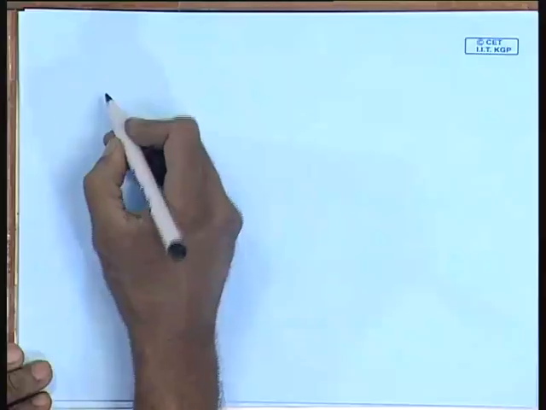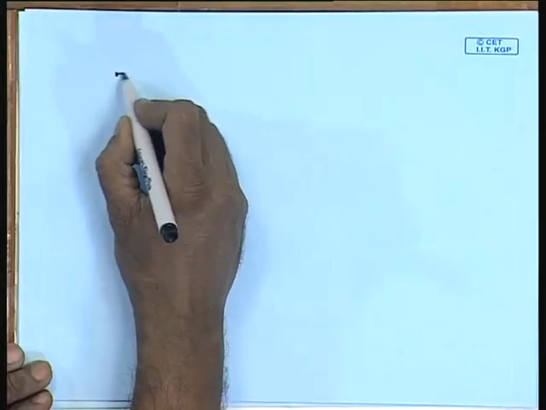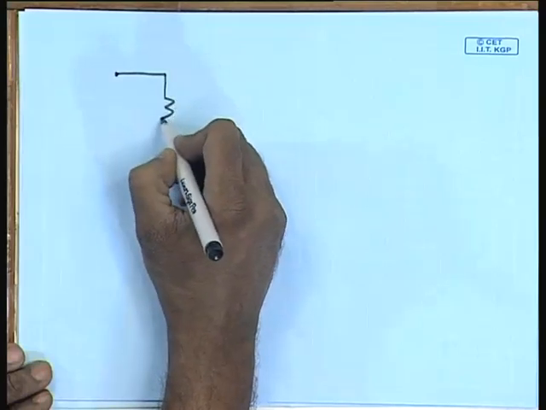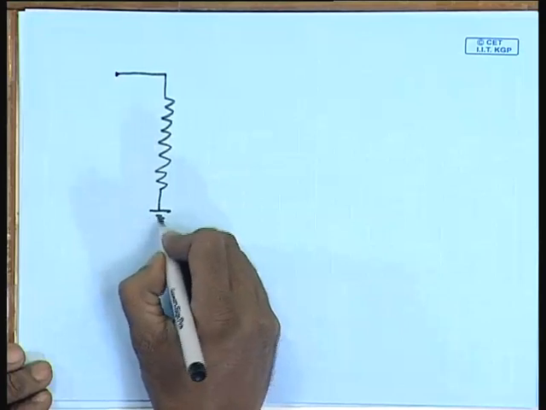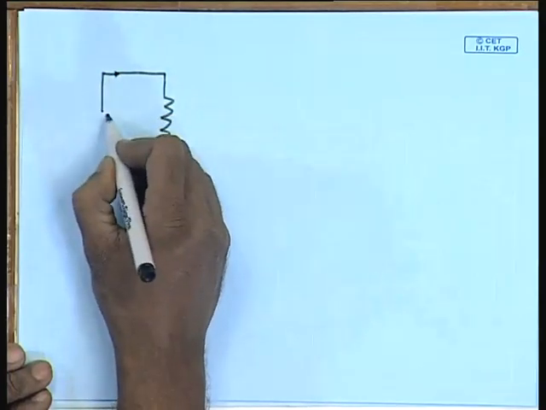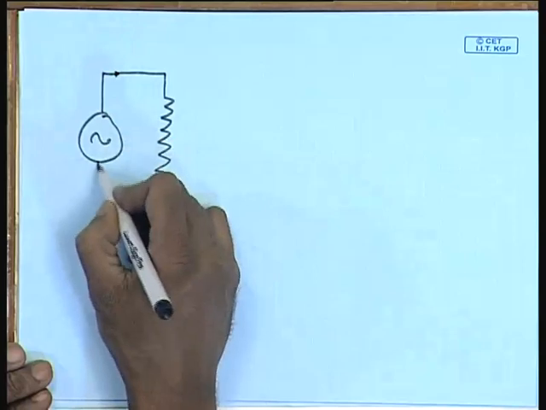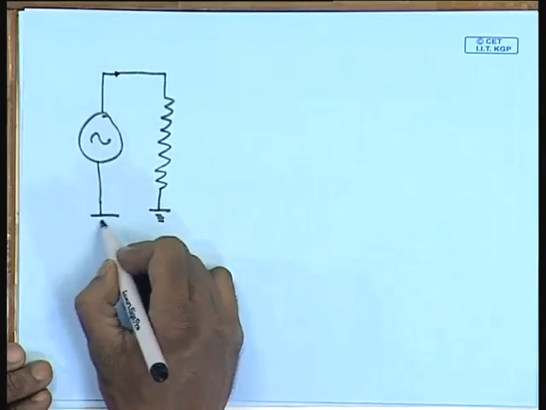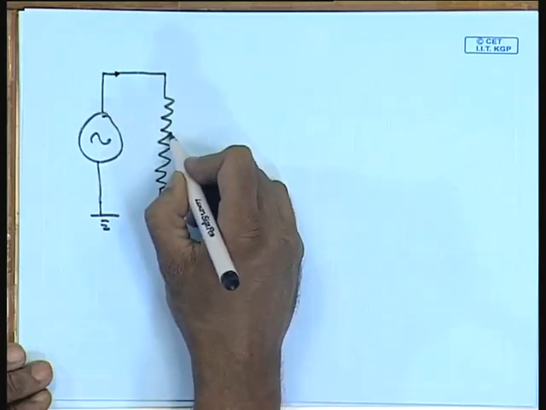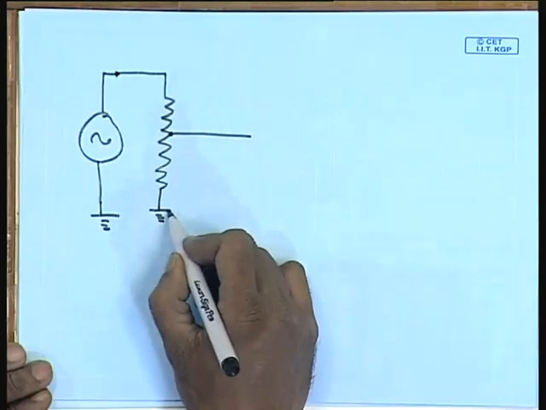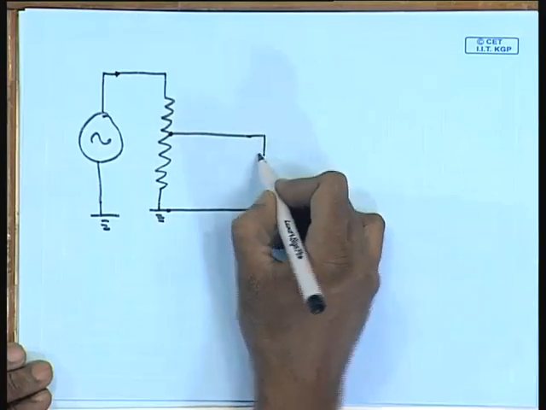That said, now let us see how this voltage transformation can be achieved. The simplest way to do it is to put a potential divider, that is, put a potential divider and connect the load here.